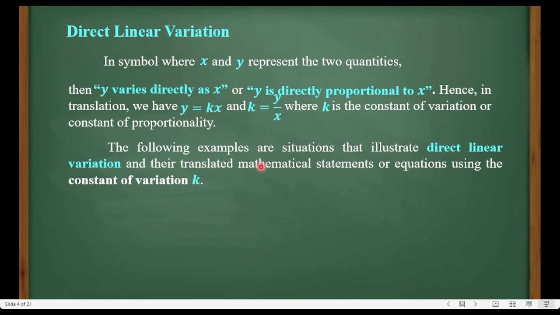The following examples are situations that illustrate direct linear variation and their translated mathematical statements or equations using the constant of variation k.